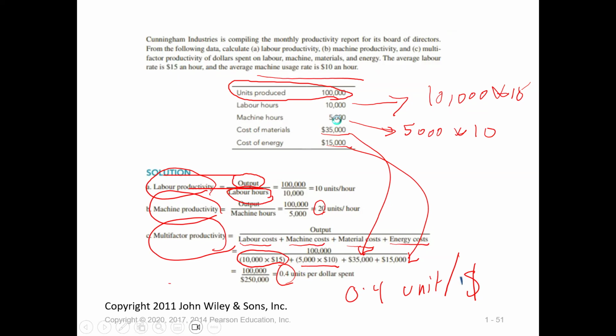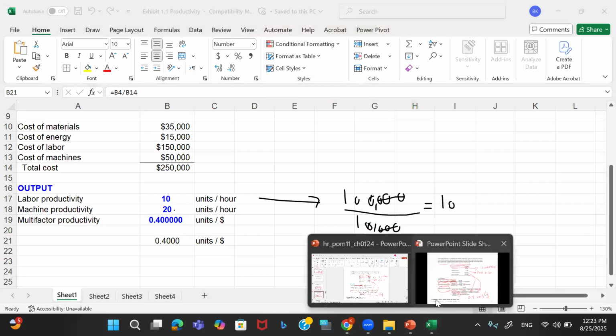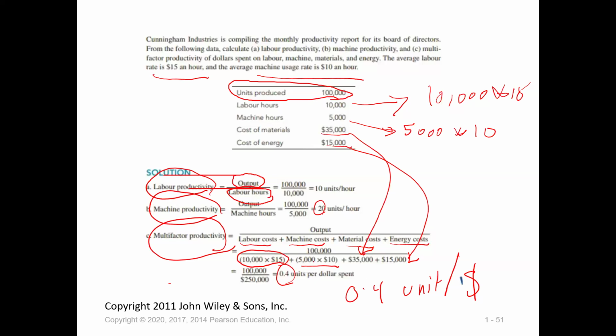And the machine hour, $10, okay? I add them up and then divide. So now my multi-factor productivity is 40%. Okay.